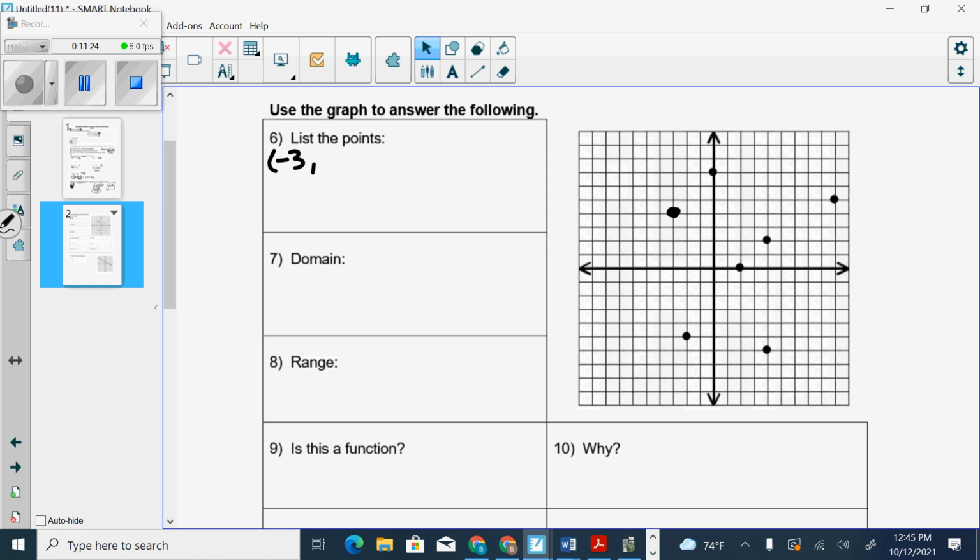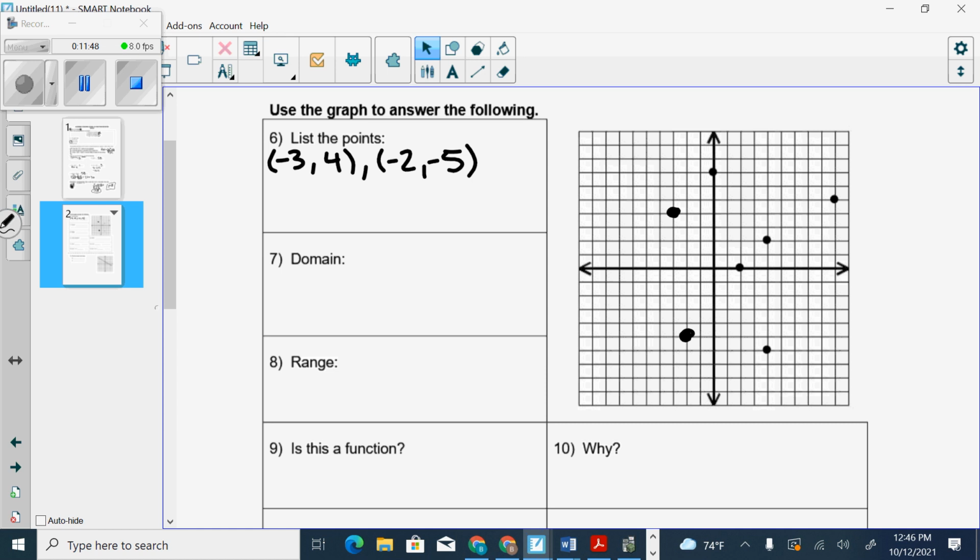I think it's 4. Okay. Where would this point be? This one right here? Negative 2, negative 5.